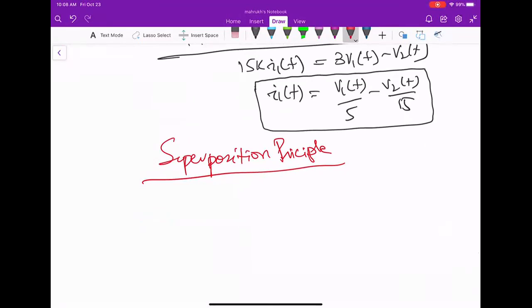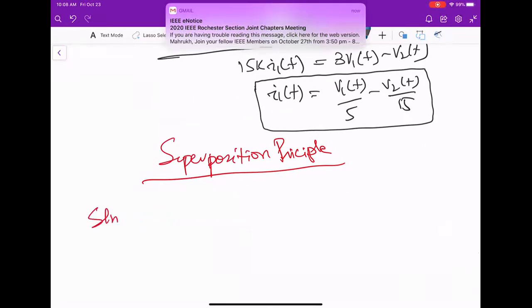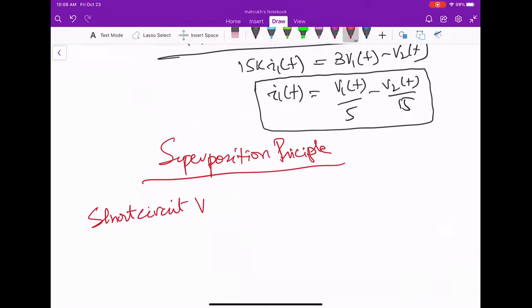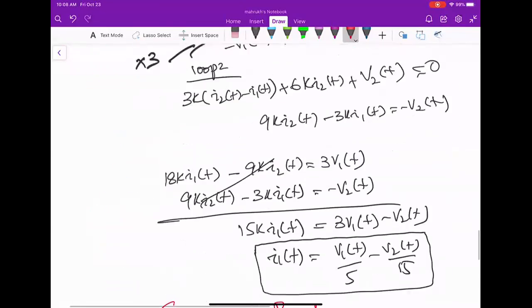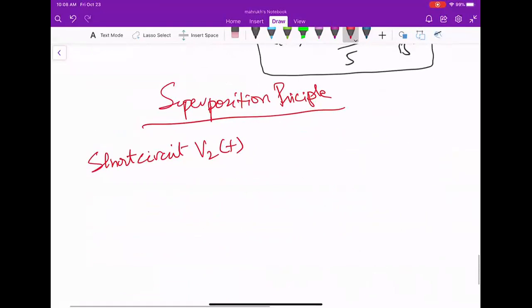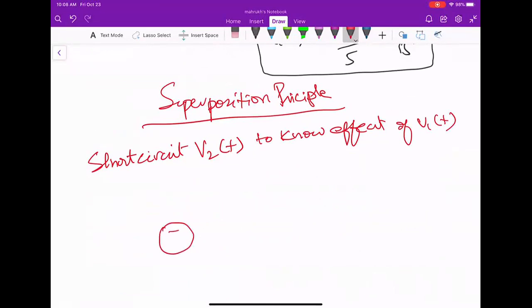So first I will short circuit V2 of t. Short circuiting V2 of t will make my circuit as, I will draw it again.